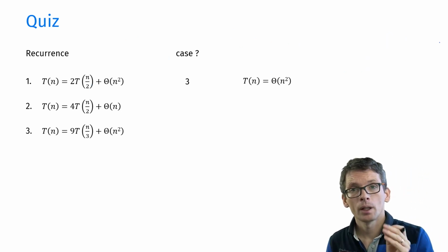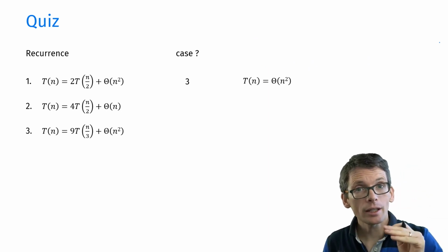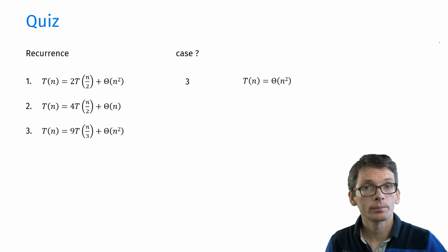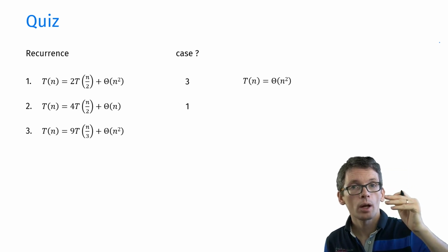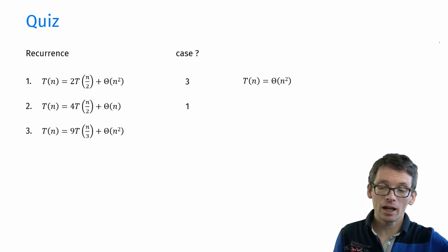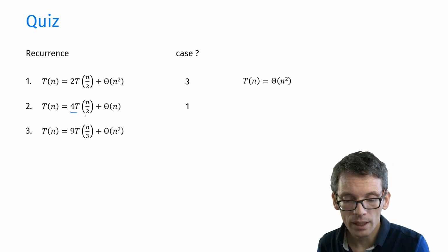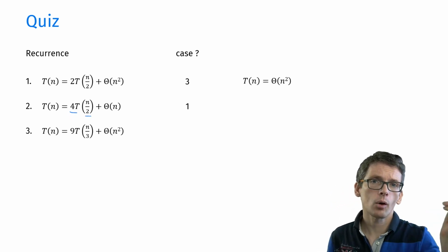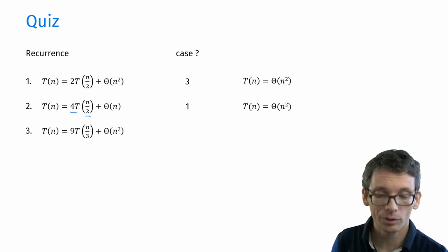Next one. T of n is 4 times T of n half plus theta of n. Which case and what does it solve to? We are in case 1, and in case 1 it solves to theta of n to the log a base b, which in this case a is 4, b is 2, so log 4 base 2 is 2, so it solves also to theta of n squared.